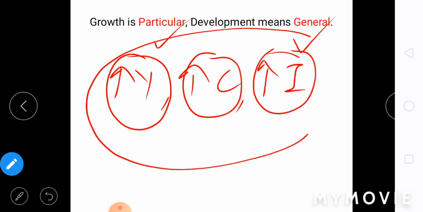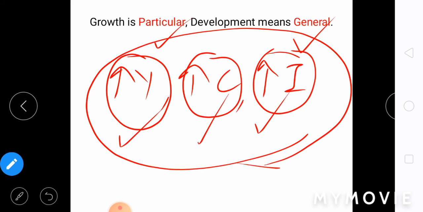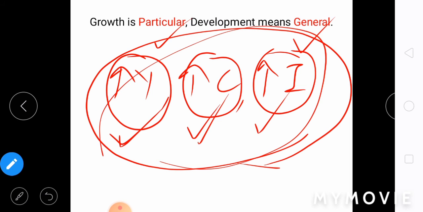That means development includes increase in income, consumption, investment, saving, etc., all the economic variables at the same time. In such meaning, we can say that growth is a narrower concept while development is a wider concept. That means we can finally say that growth is a subset to development, or development includes growth.